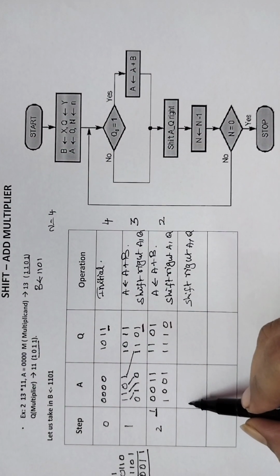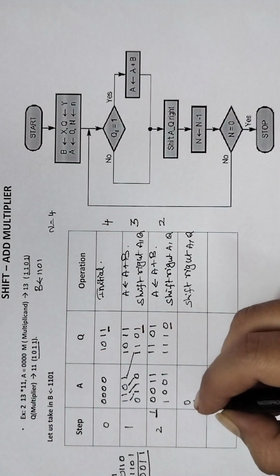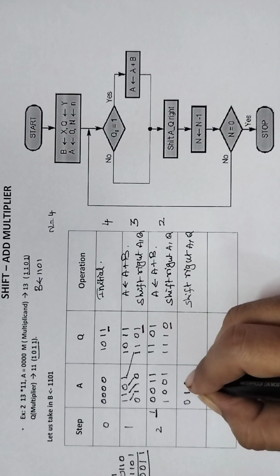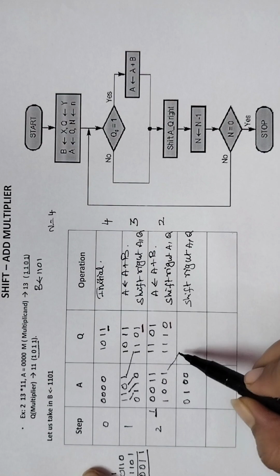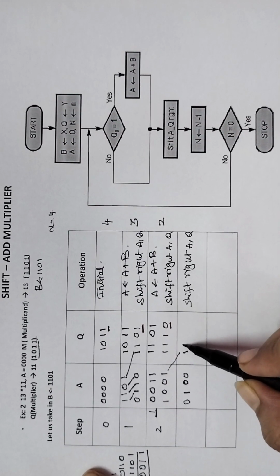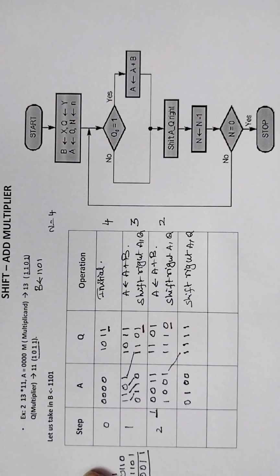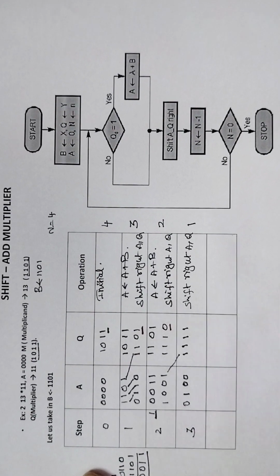A becomes 0100, and this 1 will be shifted here, giving 1111. So what is your count? The count will be decremented to 1. This is your step 3.